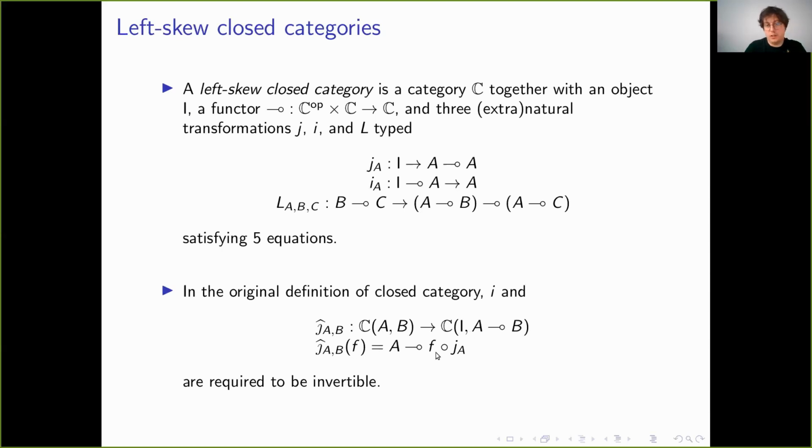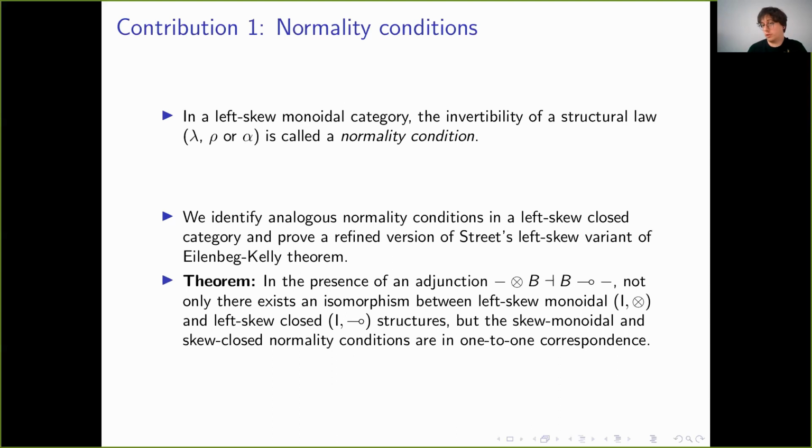It's defined using J in this way, by applying first J and then post-composing with the identity lolly f. And this is required to be invertible as well in the original definition of closed category. But in here, neither I nor J hat are required to be invertible. So now, with the definitions in place, we can continue and talk about our contributions.